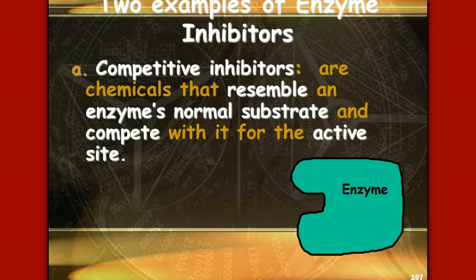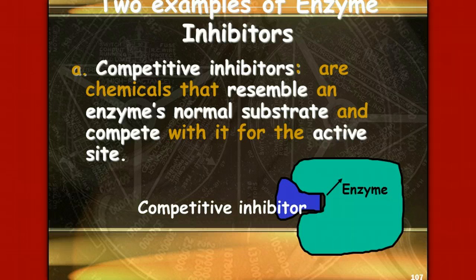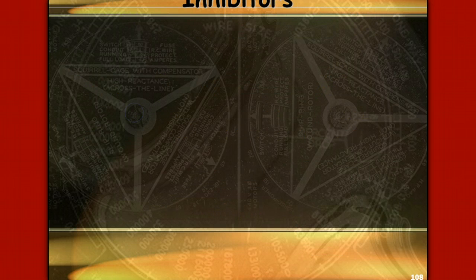So when we're looking at the enzyme and that structure on the active site, a competitive inhibitor is something shaped fairly similar to, or looking very close to, the substrate, and that enzyme is going to actually attach to the competitive inhibitor instead of the substrate. So no good there, because that means our chemical reaction isn't going to occur.